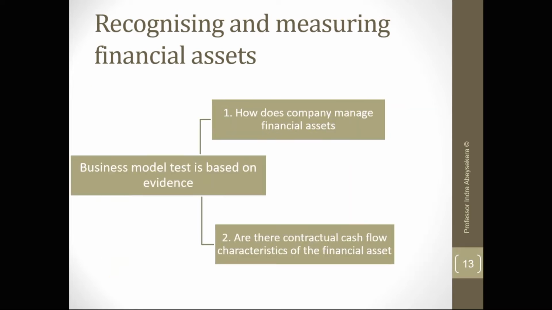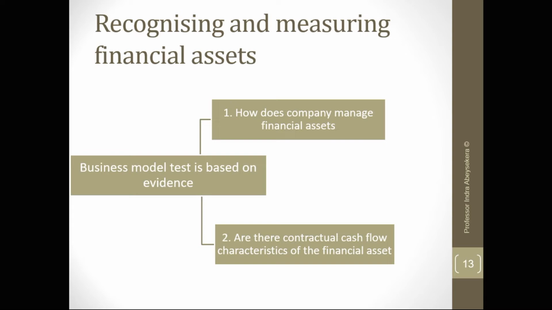So we talked about the business model test, but when we apply the business model test and determine one of the three techniques for the revised value on subsequent dates to restate the financial asset, we have to look at two aspects.